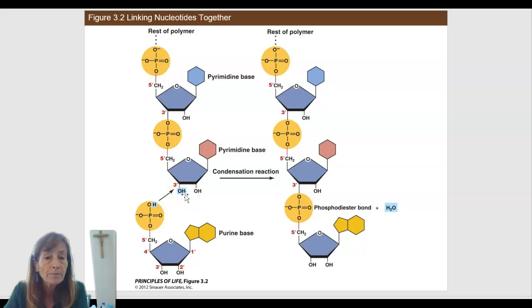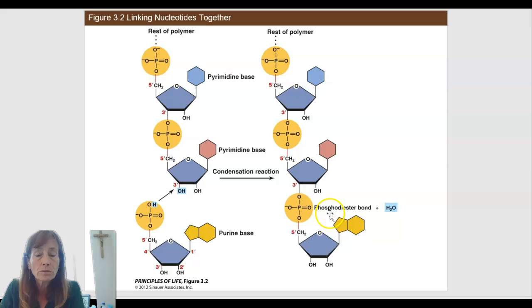Here's the H, sorry. And you can see that's where water comes out. It's joined to a phosphate, and this is the diester bond right here. And that happens every single time we have a monomer joining this chain, so it's going from this direction to this direction.